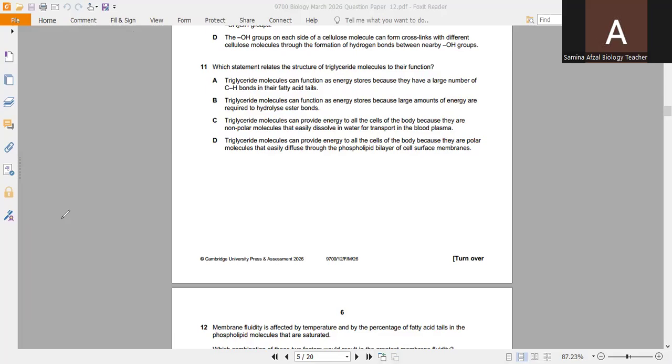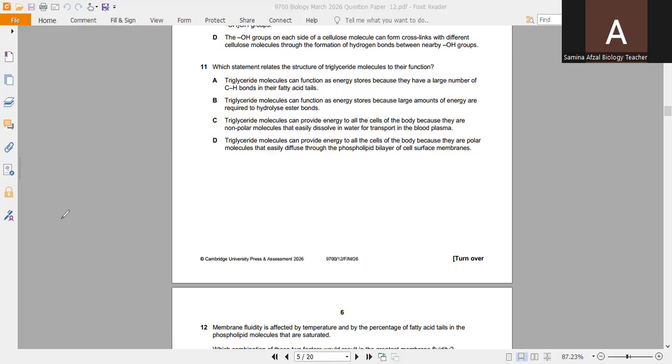Triglyceride molecules can function as energy stores because they have a large number of C-H bonds in their fatty acid tails. So first of all, I would like to discuss the structure of these triglycerides.